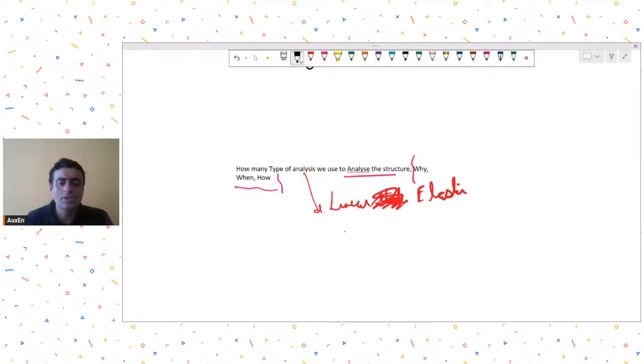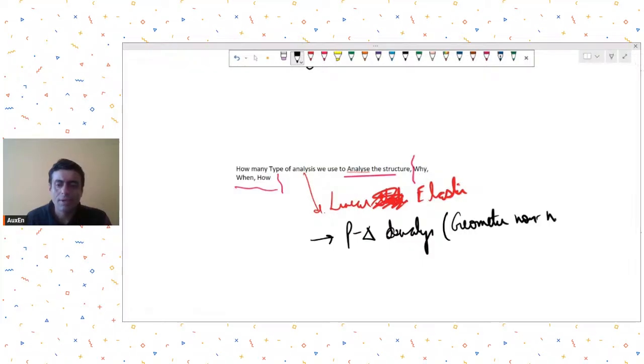Sometimes for some structures, you may have to do a nonlinear, or I will put it, geometric nonlinear analysis. Sometimes you may have to consider a second order analysis, which is often called a P-delta analysis. Here we consider the geometric nonlinearity.